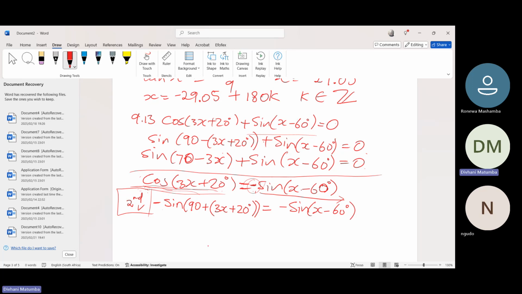Okay, what do you notice? We have a minus on this side and a minus on the other side. Can they cancel? Ronewa, can they cancel?